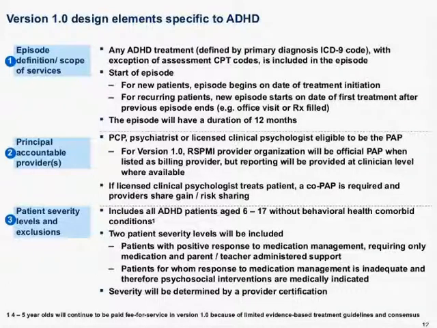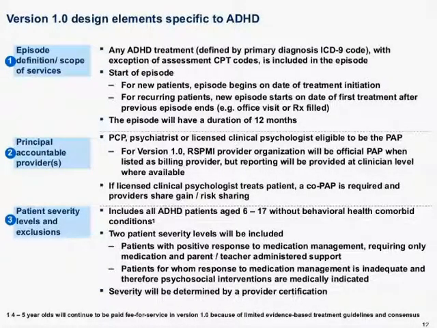Patient severity levels and exclusions. The ADHD episode includes patients aged 6 through 17 who do not have behavioral health comorbid conditions. Children under the age of 6 will continue to be paid fee-for-service just like they always have.